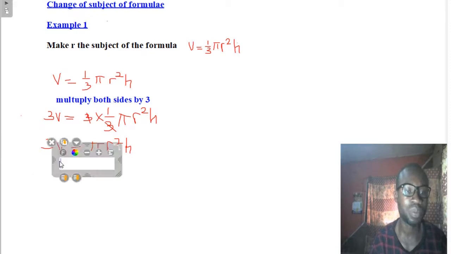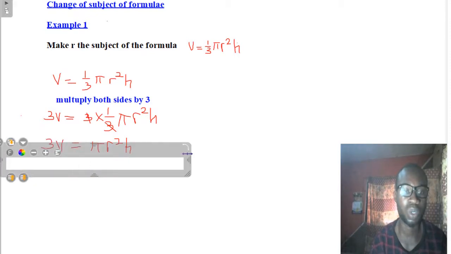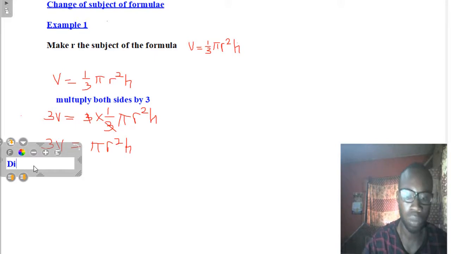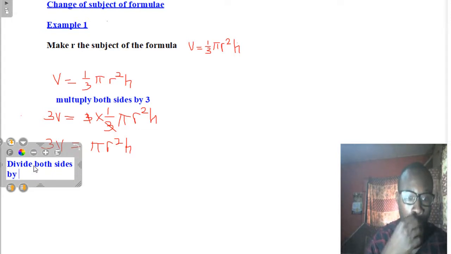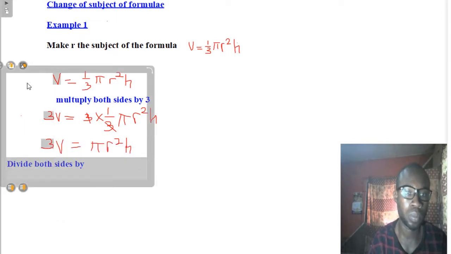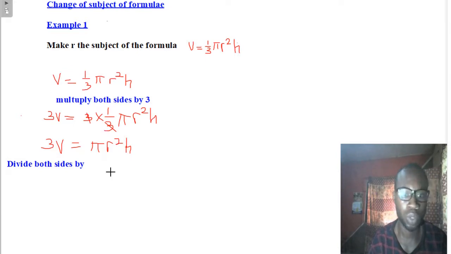So let's write that step. So we want to divide both sides by pi h.